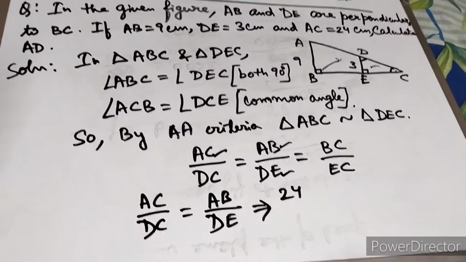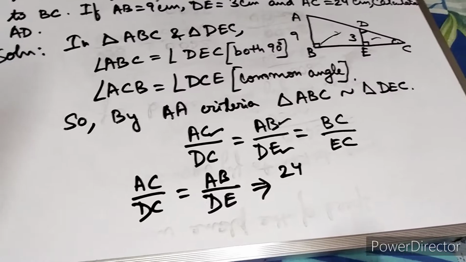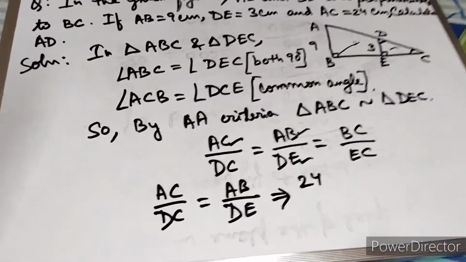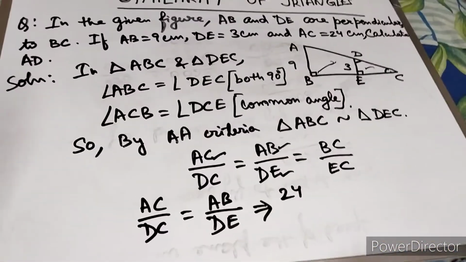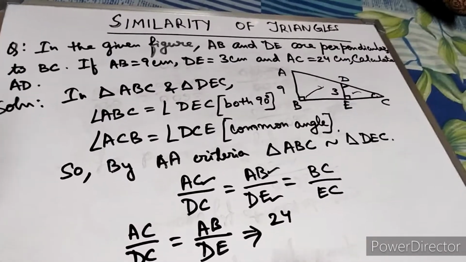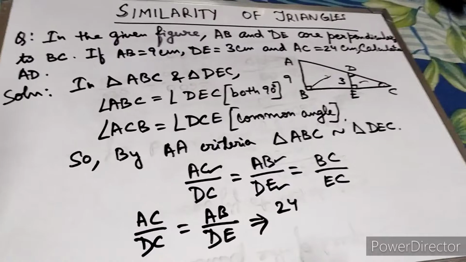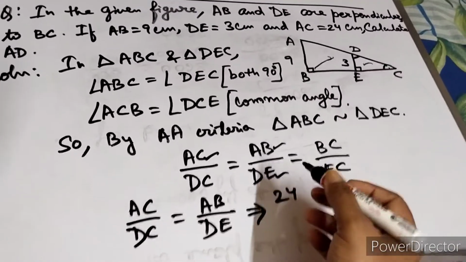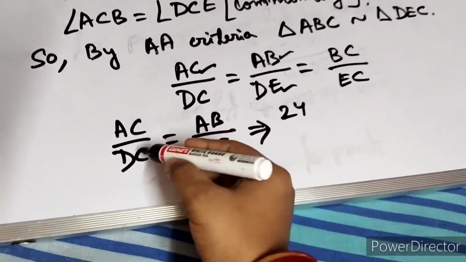Maths is all about doing, not just watching the video, but if you do it along with me, then you will understand the video properly. So AC value is 24.